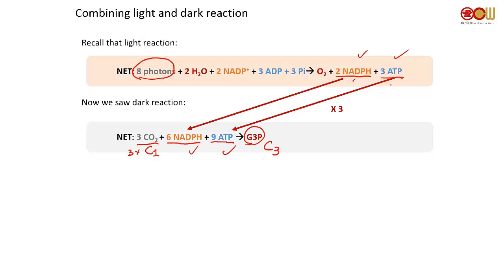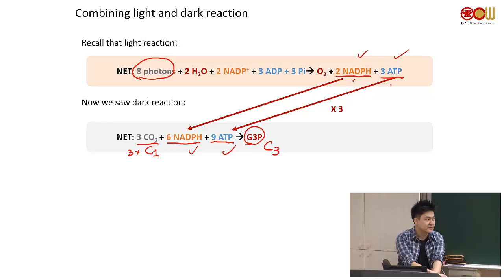But of course, remember that if you have too much light and not enough CO2, you cannot consume these two guys, so you will continually consume ATP while NADPH is not consumed, okay? Remember we talked about that when we talked about cyclic electron flow, right? When you don't have enough CO2, you will not consume the electrons, but your cellular function still requires ATP, okay?